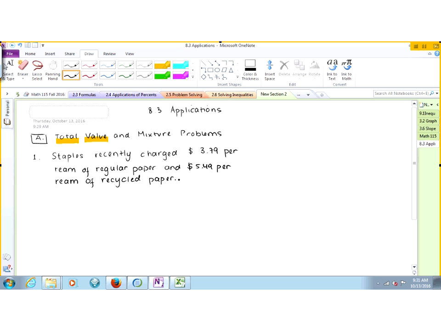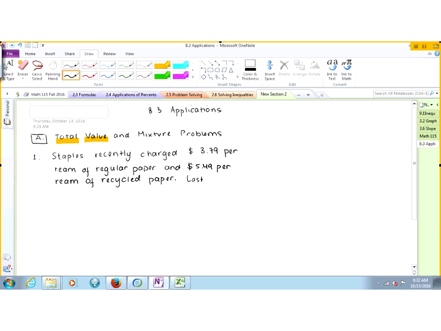So how many types of paper do we have? Two. What are they? Regular and recycled. Which one's cheaper? The regular.